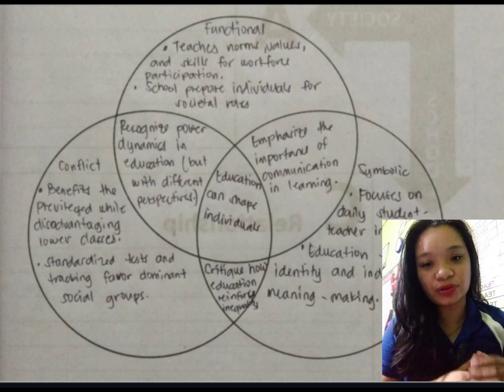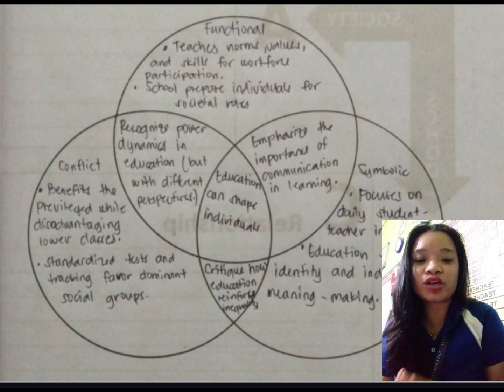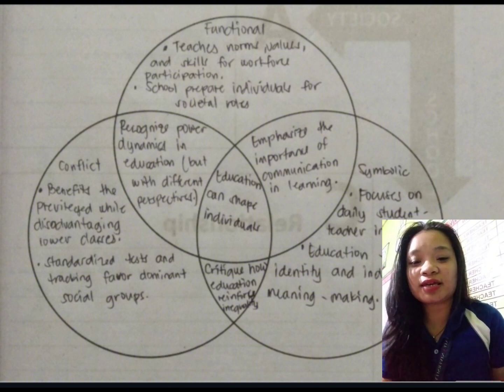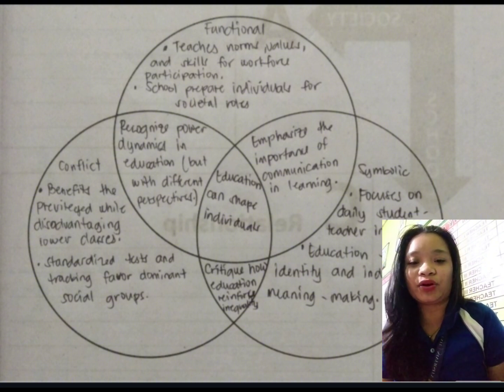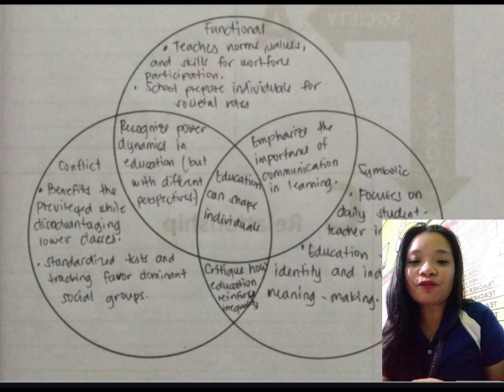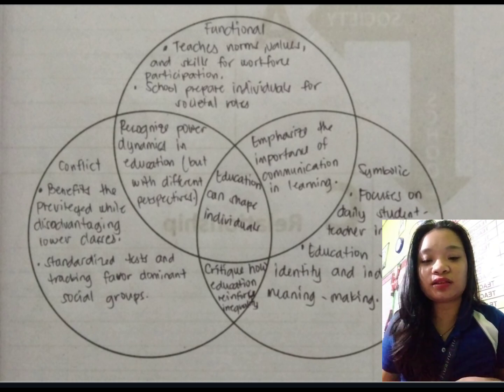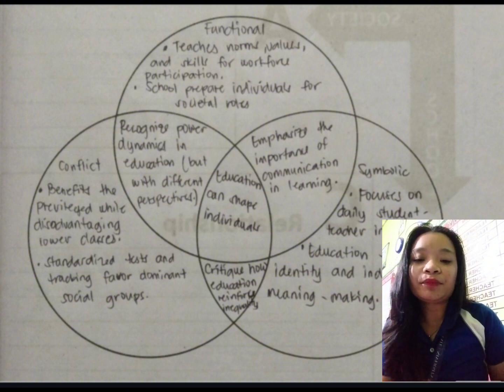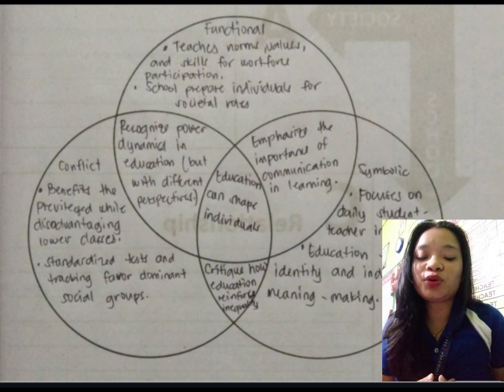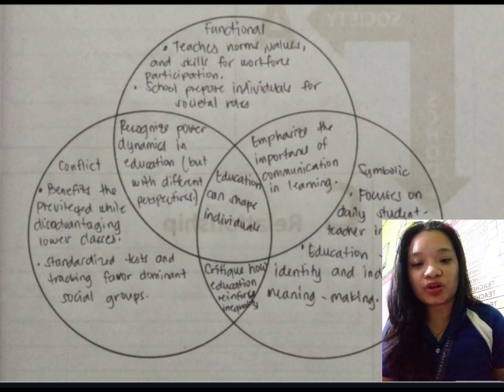These three theories recognize that education plays a significant role in shaping society and individuals' behavior, with functionalism and conflict theory focusing on larger societal structures, while symbolic interactionism examines individual experiences within those structures.